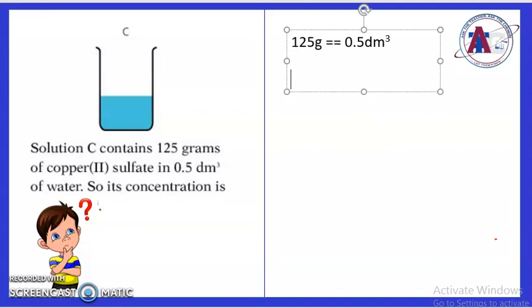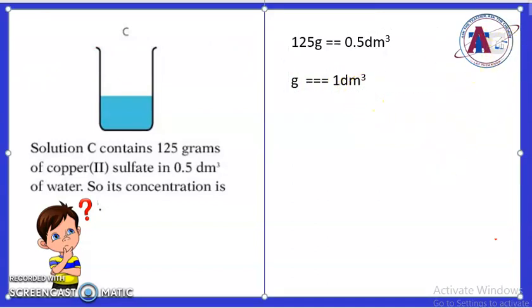Let me call the mass G. What would be the mass in 1 dm cube? That is what concentration is about, the quantity in 1 dm cube, right?